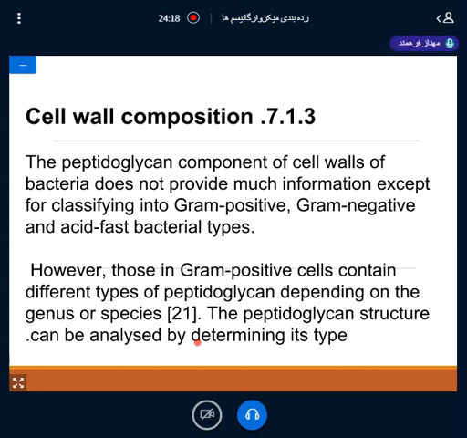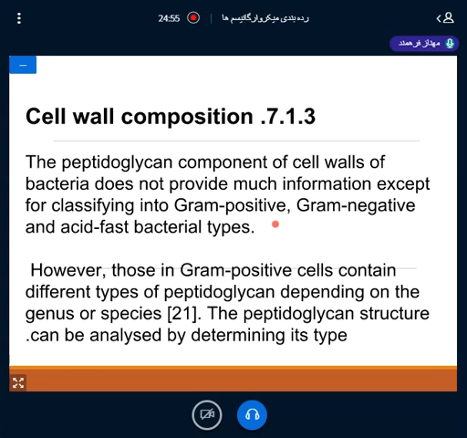So the cell wall composition can be defined in bacterial cells, and most of this composition is related to peptidoglycan composition.